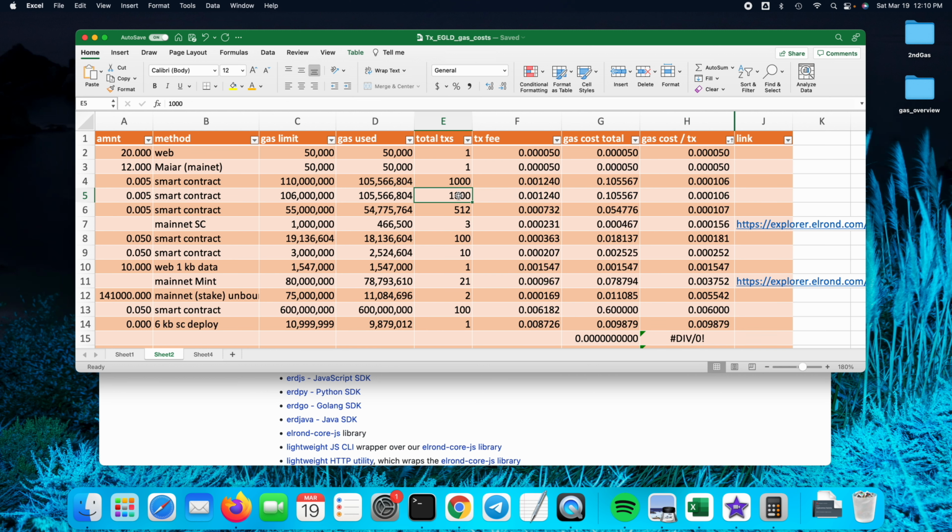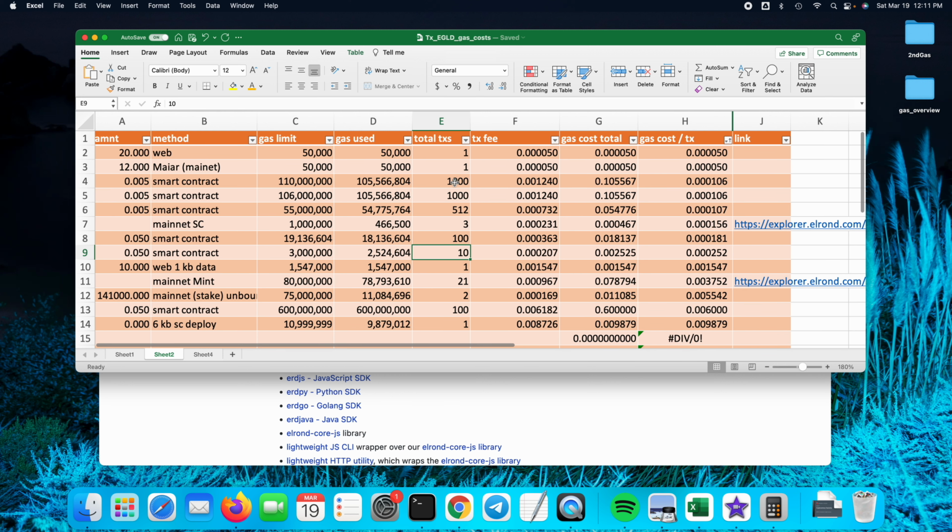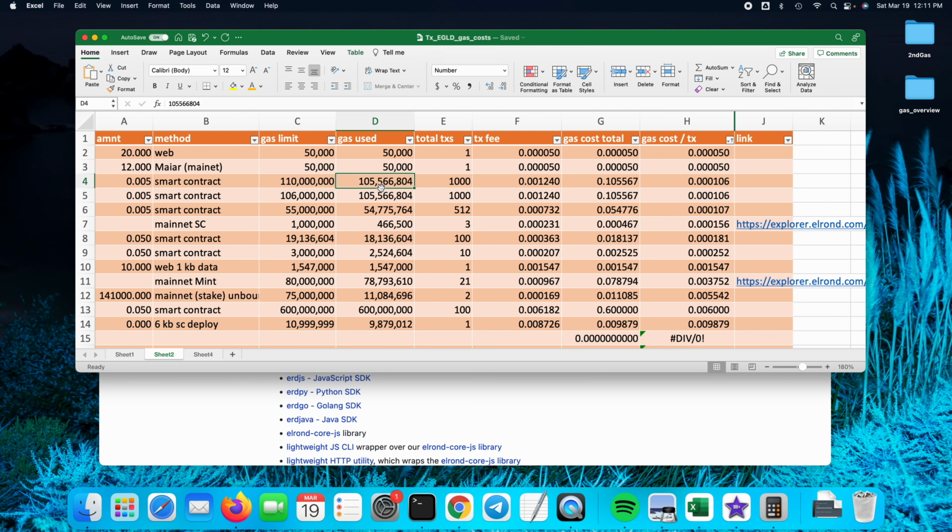So let's look at our 1,000 versus our 10, and our per transaction cost was about 2.5 times higher with only 10 transactions versus 1,000, but yet it was still double the cost at 105,000 gas used for 1,000.